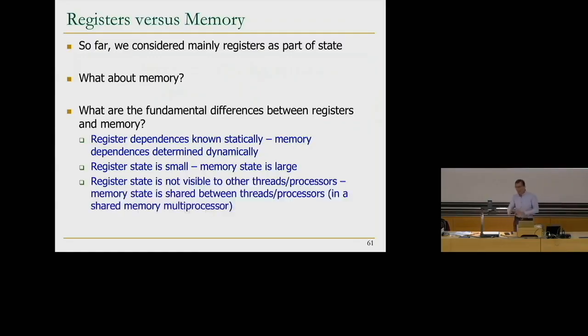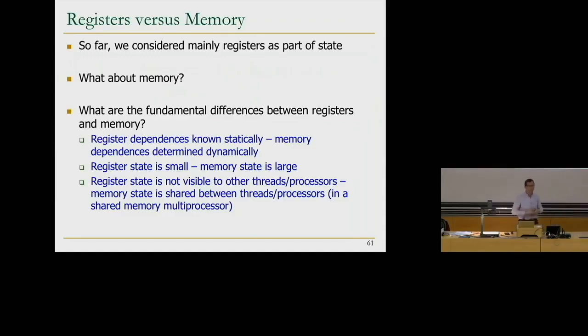And the register state is also interesting, but we're not going to tackle it as much. If you look at other threads or processors, they don't share the registers normally. Whenever you write a multi-threaded program, for example, different threads don't share registers. So you don't need to worry about them. But memory state in a shared memory multiprocessor, which is most of what multiprocessors are today, is shared between different threads and processors.